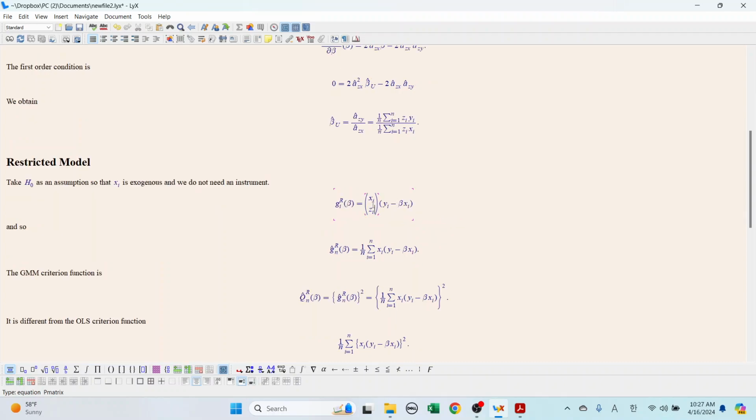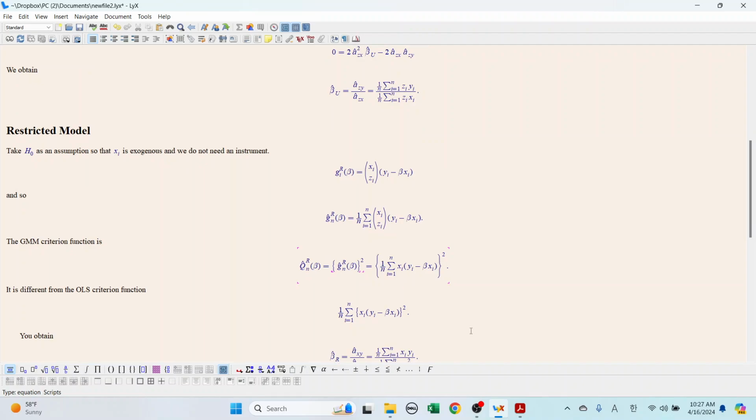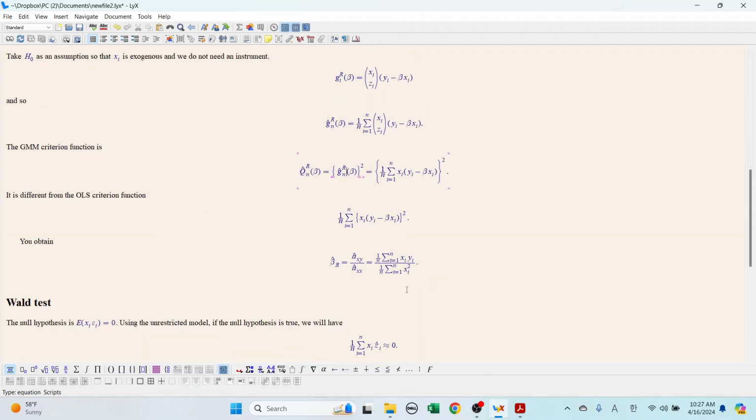So actually, we have to revive this one. Rewrite this one, and I will not change this part, because we have done exactly the same problem in homework 4. In homework 4, we learned how to calculate the optimal weighting matrix, like V prime V, which was a projection matrix, and we derived that in the end it is an OLS estimator.